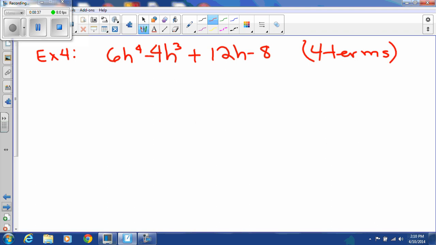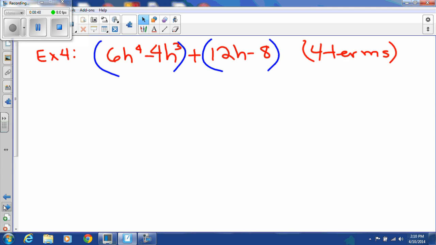When you're told to factor by grouping, you're looking to see if you have the same common factor in the first set of terms as you do in the second. So I broke it up by polynomial into 2 different binomials, 6h to the 4th minus 4h cubed, and 12h minus h. Now we're going to look for common factors between every pair of terms.